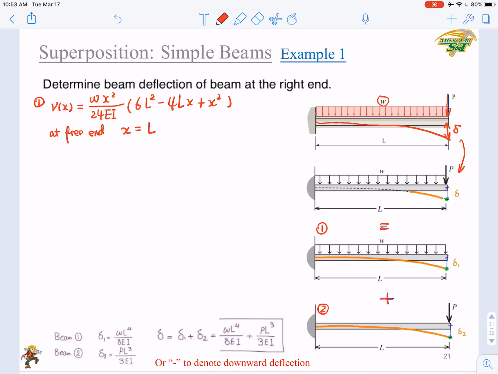So you will get V at x equals L equals, I left a negative sign here, negative WL squared over 24 EI times (6L squared minus 4L squared plus L squared).